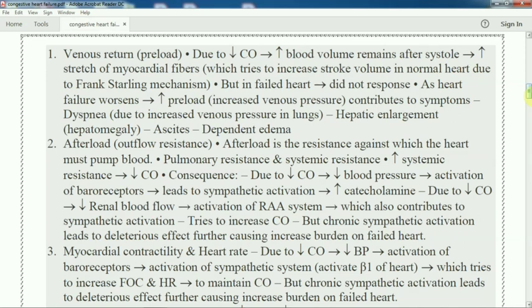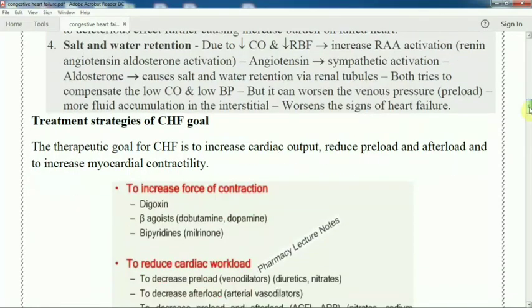In a congestive heart failure patient, it directly affects other organs: lungs, causing dyspnea; liver, causing hepatomegaly; tissue, causing edema. Similarly in afterload, due to decreased cardiac output, blood pressure decreases, with activation of baroreceptors and also activation of the renin angiotensin aldosterone system. So this is the pharmacological target.